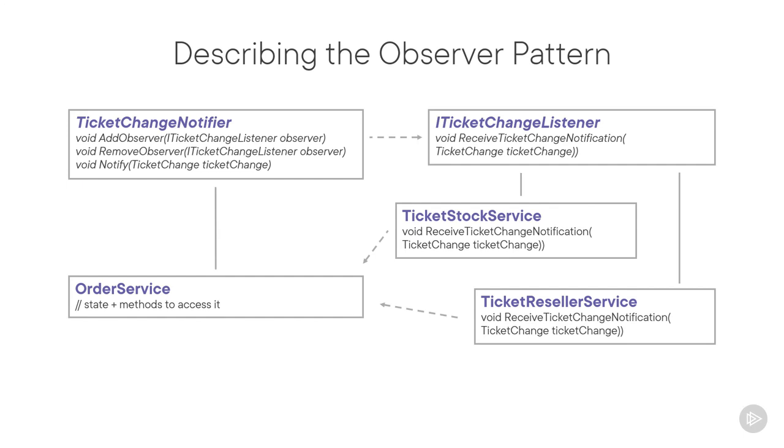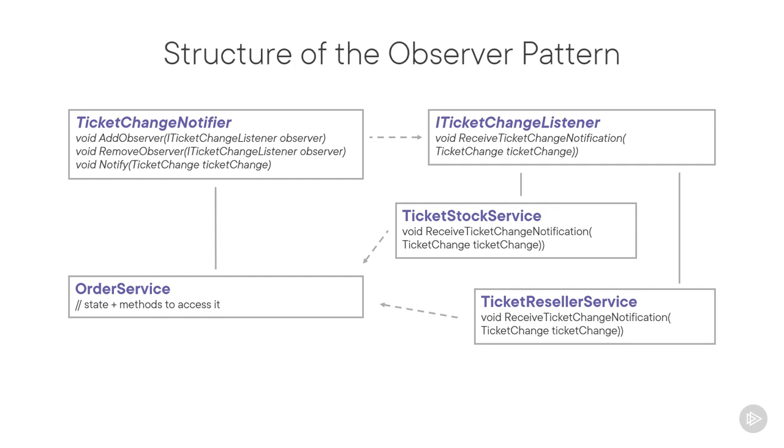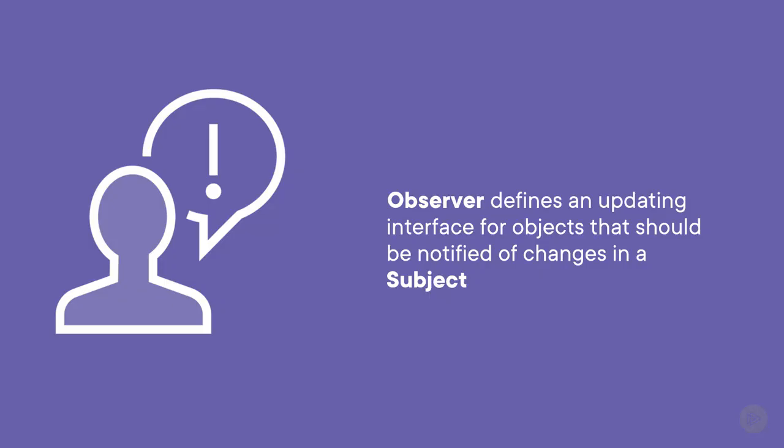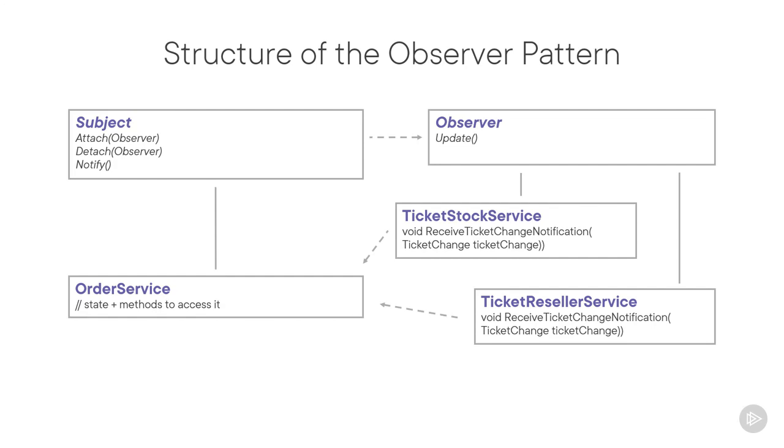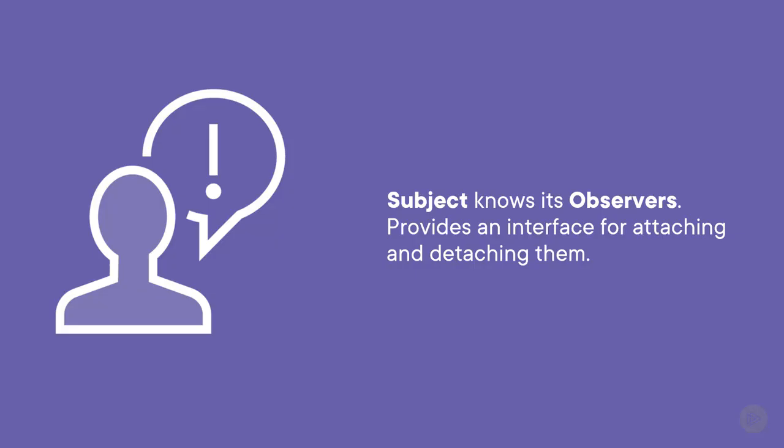Now let's map this to the pattern structure. The first player in the pattern structure is the observer. That's our ITicketChangeListener. It defines an updating interface for objects that should be notified of changes in a subject. And that subject, that's our ticket change notifier base class. It knows its observers. Any number of observers can observe a subject.